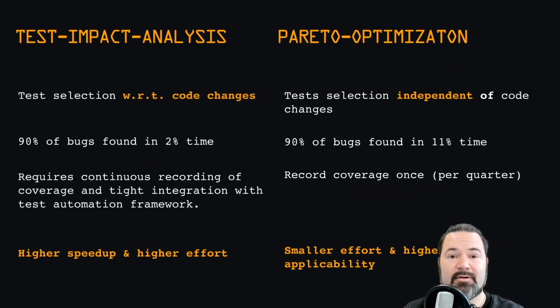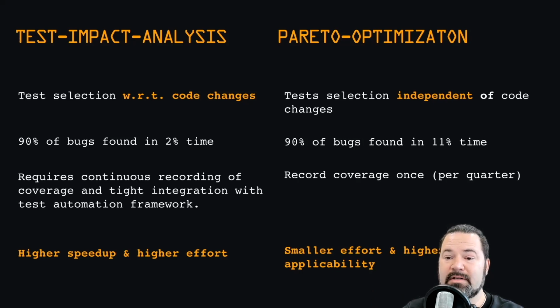So let's compare that. Test impact analysis selects tests with respect to the code changes we did. We find 90% of the bugs in 2% of the time, but it requires continuous recording of coverage and tight integration into your test automation framework and the continuous integration. Pareto optimization selects tests independent of code changes by exploiting redundancy between test cases.